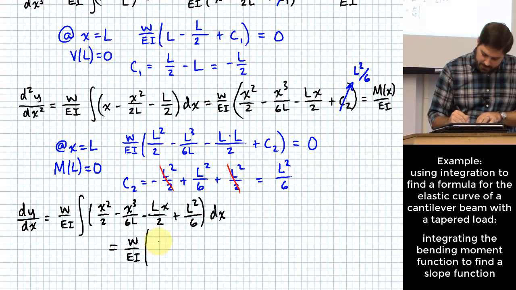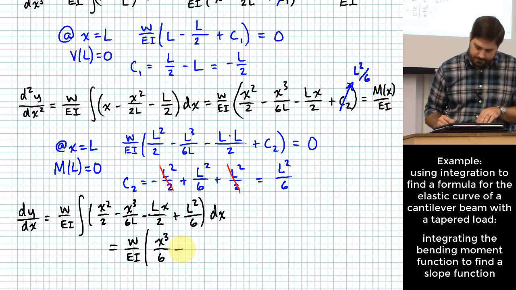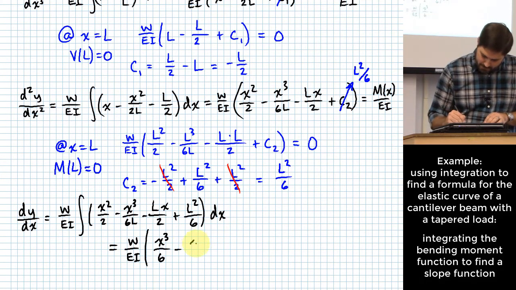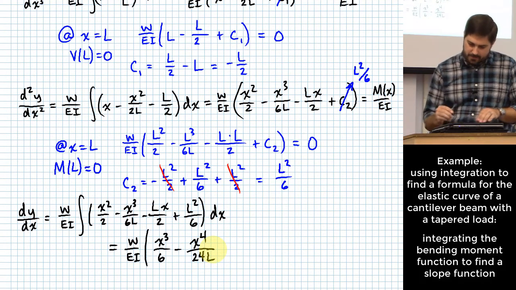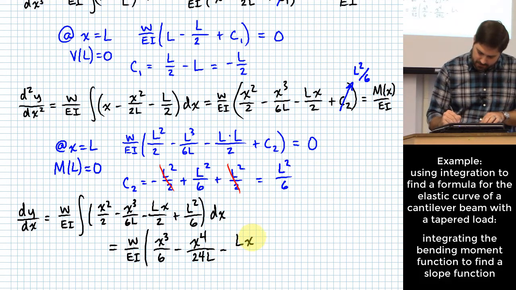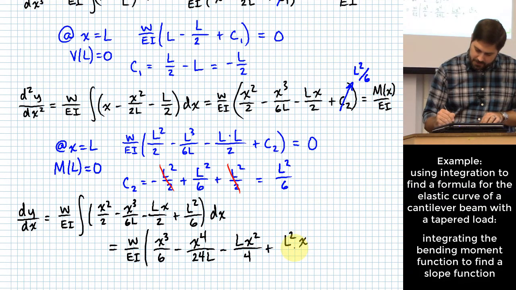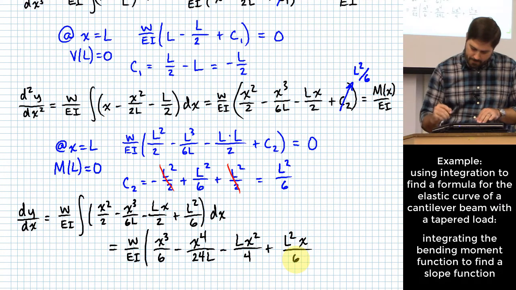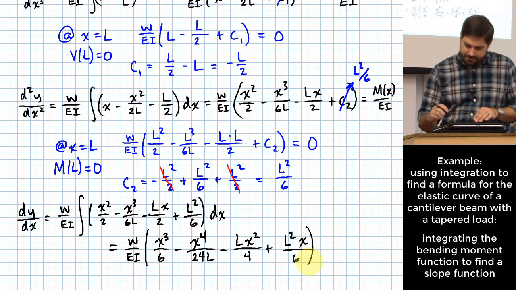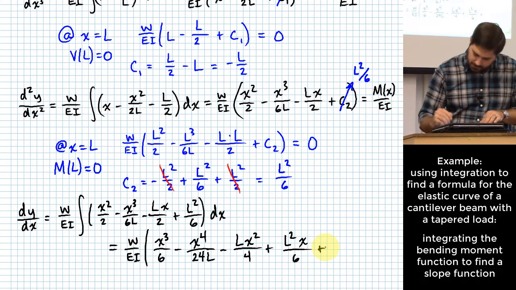First term will be x cubed over 6 minus x to the 4th over 24L minus Lx squared over 4 plus L squared x over 6, all of this plus C3.